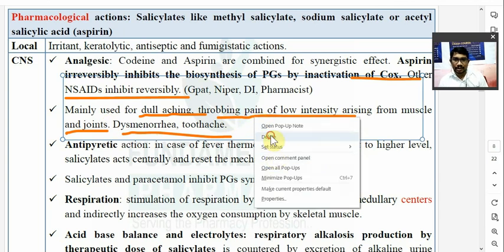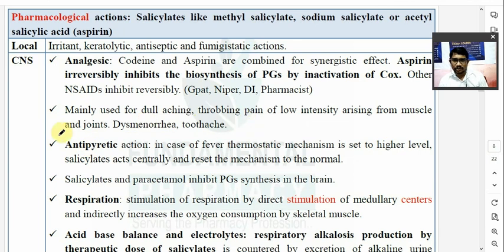Aspirin will not reduce deep pain or visceral pain. So it only relieves the dull, itching, throbbing pain of low intensity arising from muscle and joint, dysmenorrhea and toothache.